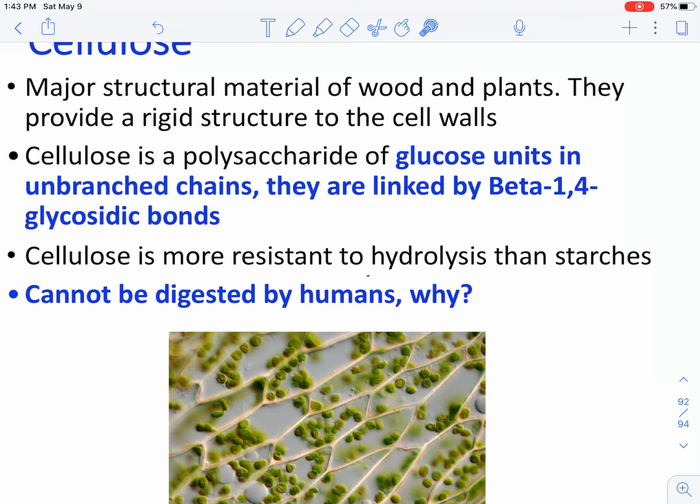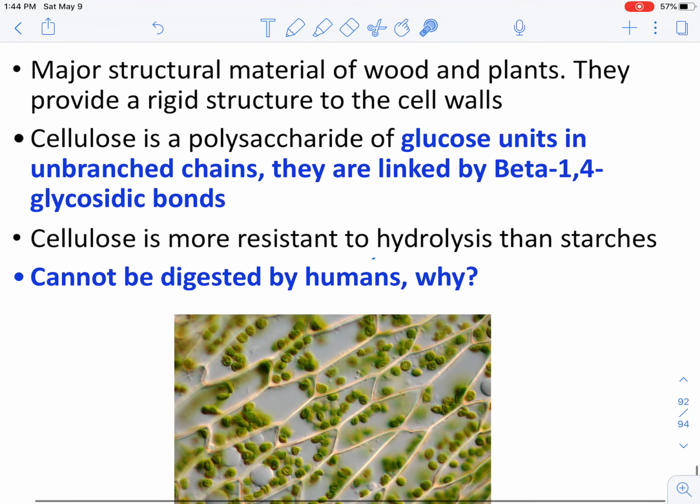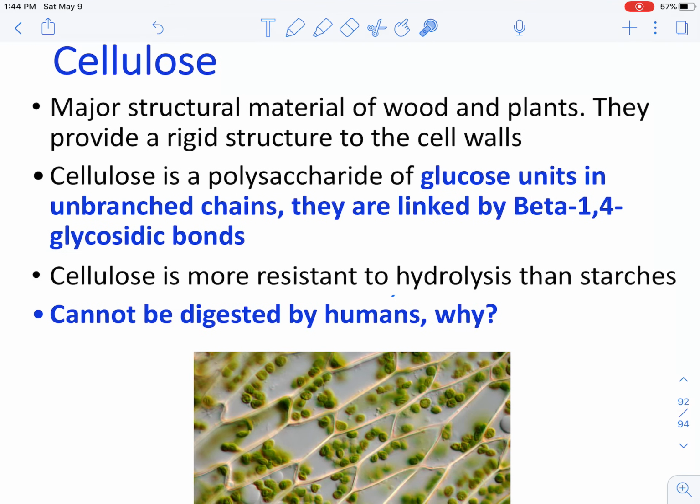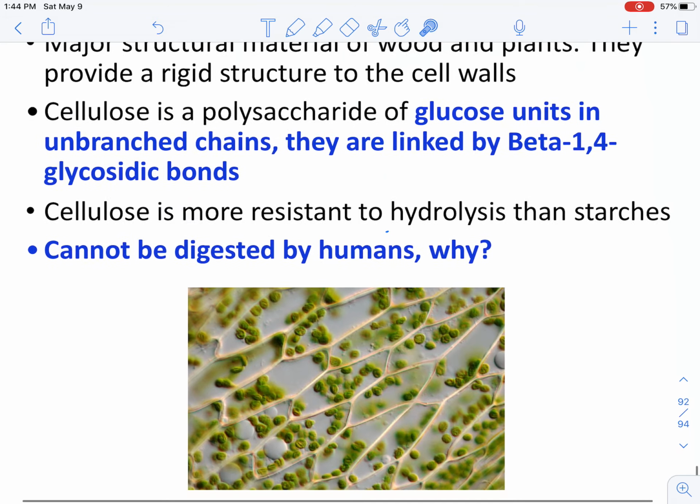If we wanted to digest cellulose and use it as a source of energy, we would need our bodies to produce an enzyme for the beta 1,4 glycosidic bond. Organisms that utilize cellulose as a source of energy have an enzyme that can recognize the beta 1,4 bond and hydrolyze it.